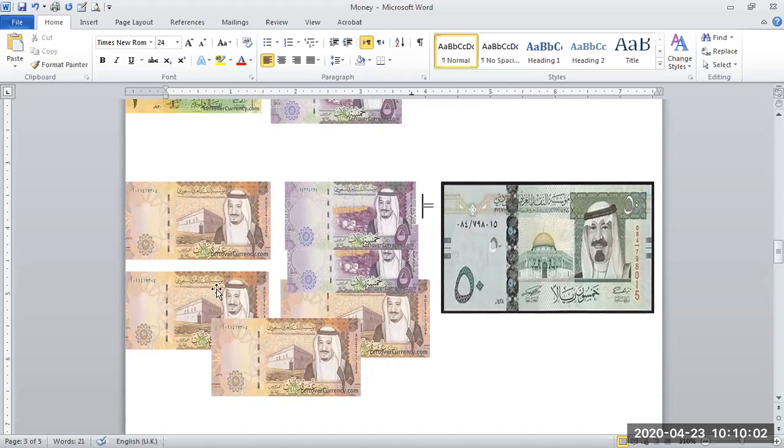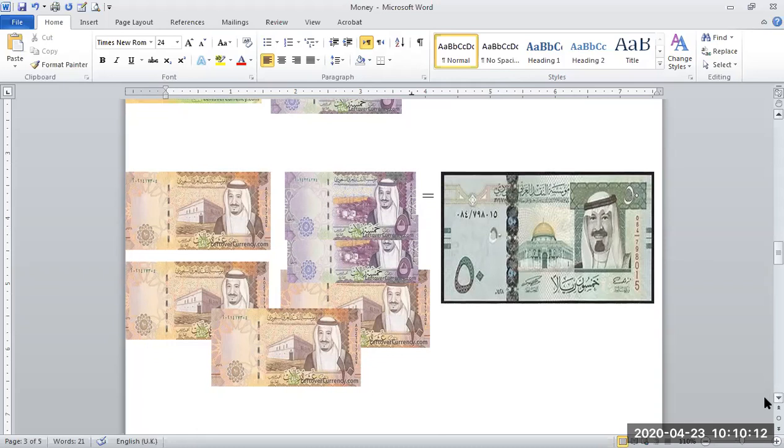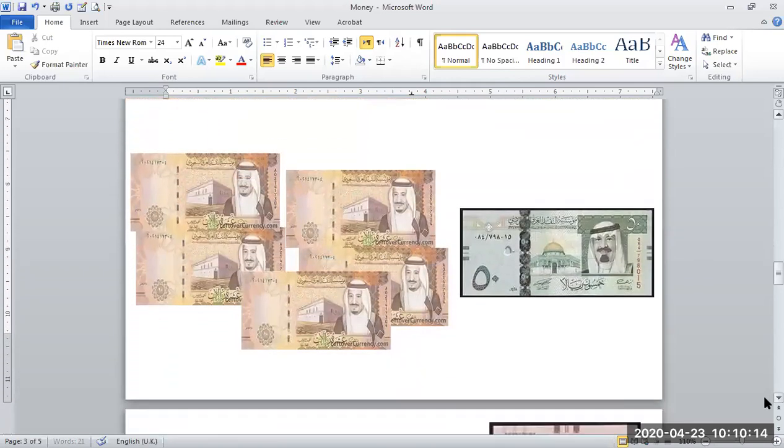All these notes, when we add them, are equal to one note of 50 riyal. Then another option we can use for 50 riyal. We don't use 5 riyal, we don't have 5 riyal, we have only 10 riyal. Then we use here, look here, 10 plus 10, 20 plus 10, 30 plus 10, 40 plus 10, 50. Okay, this is 10 riyal. You can use this.